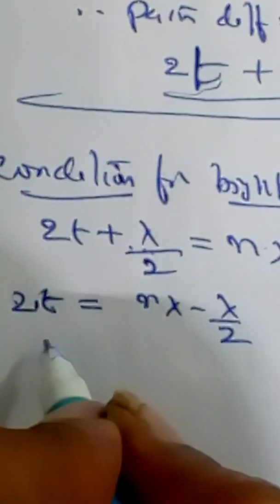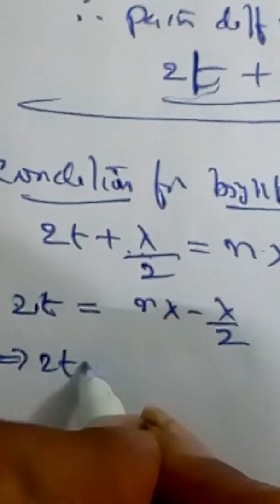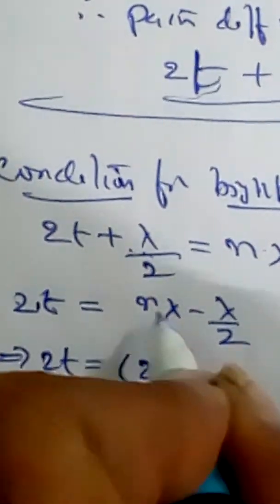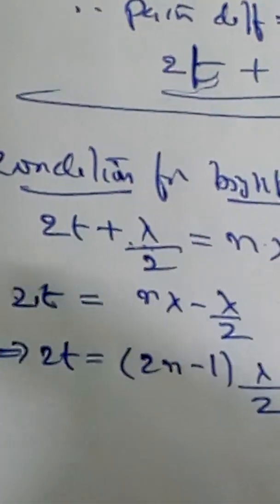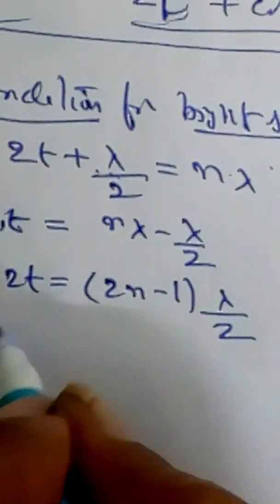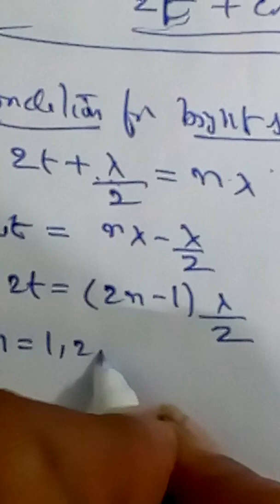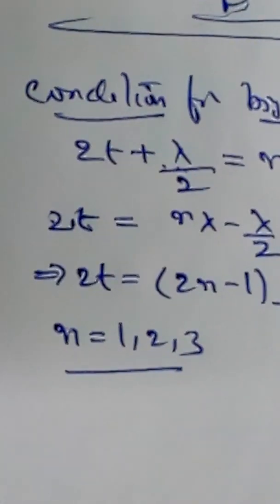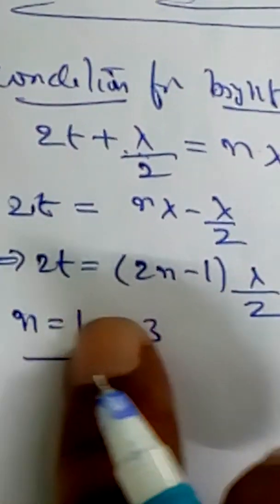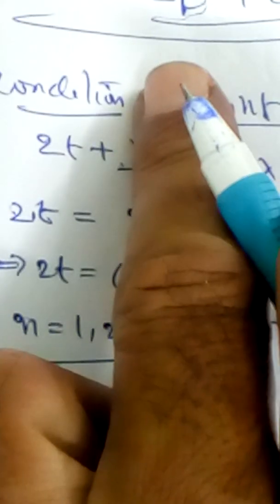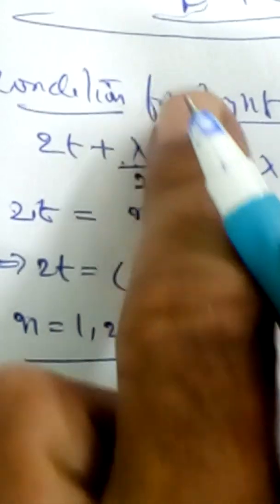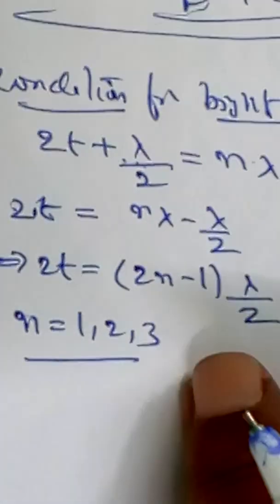So if you simplify this, 2t will become, calculate the LCM, (2n minus 1) into lambda by 2. Here n is equal to 1, 2, 3. So 2t equal to (2n minus 1) into lambda by 2. This is the condition for the formation of a bright spot or a bright ring or bright fringe.